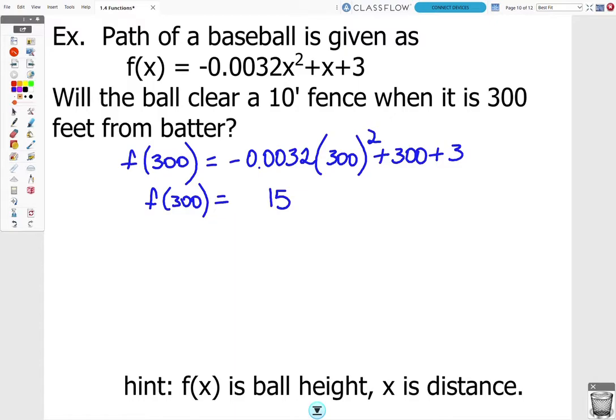All right. So, question is, will the ball clear a 10-foot fence when it's 300 feet away from the batter? Well, how high is the ball 300 feet away? It is 15 feet in the air.